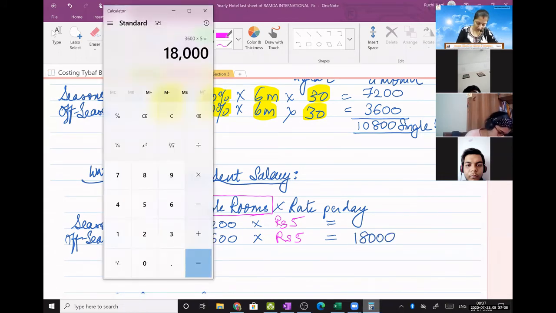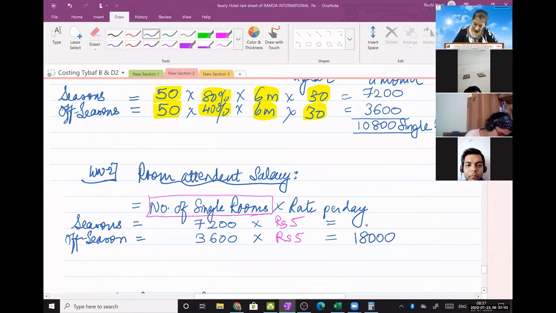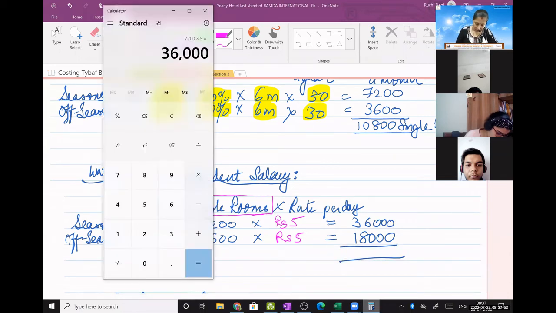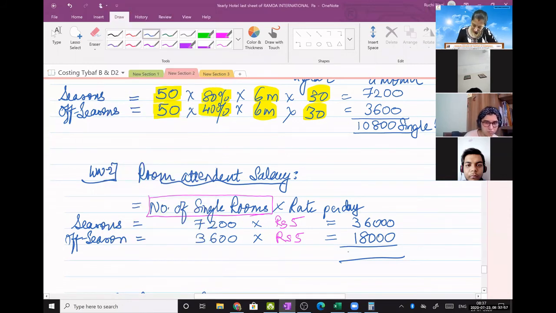And 7,200 into 5, 36,000. Add both: 36,000 plus 18,000, 54,000. So my answer is 54,000 rupees.